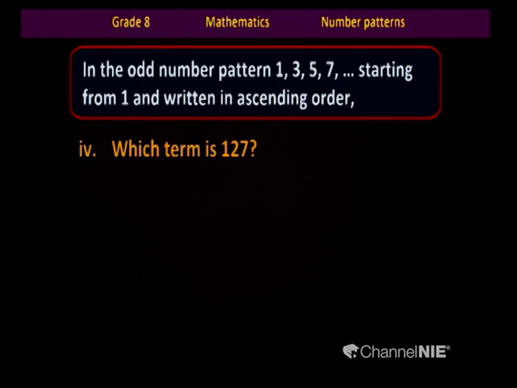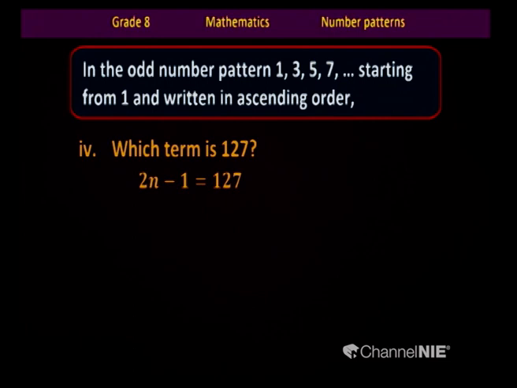So, once again we can construct a simple equation using the general term. So, it becomes 2n minus 1 equals 127.